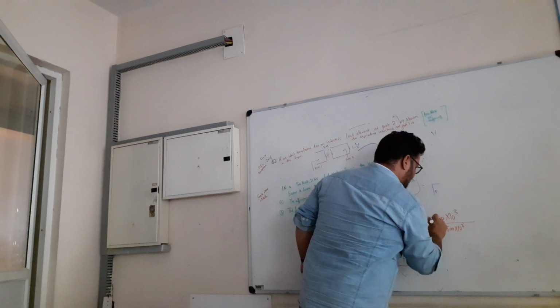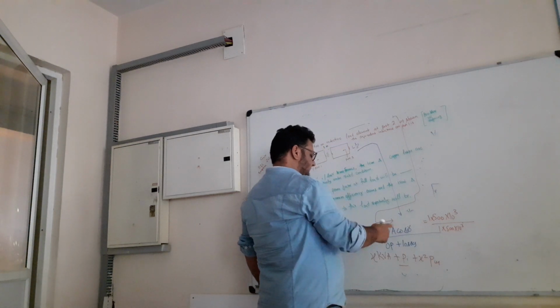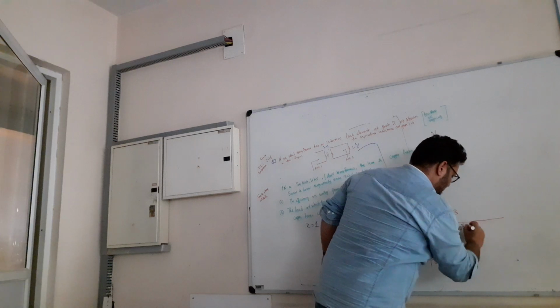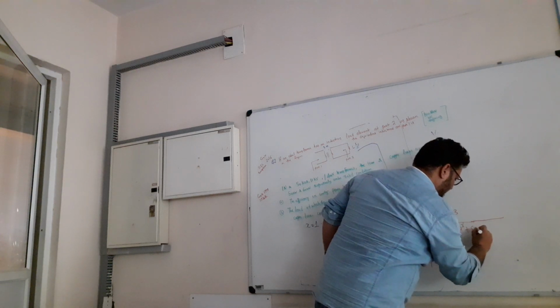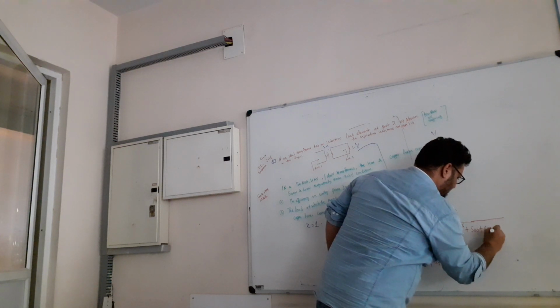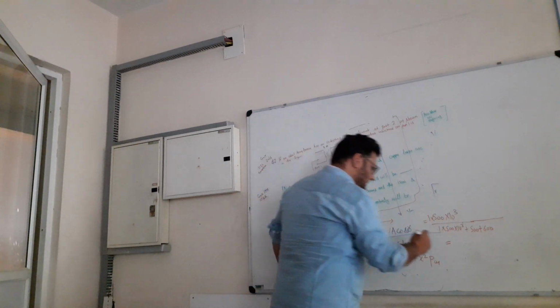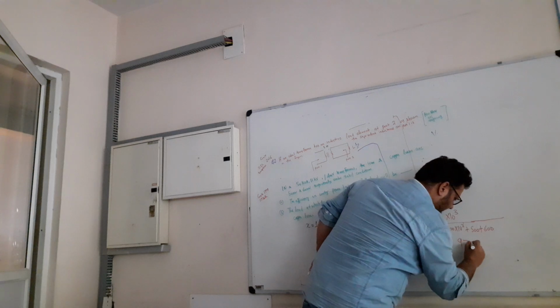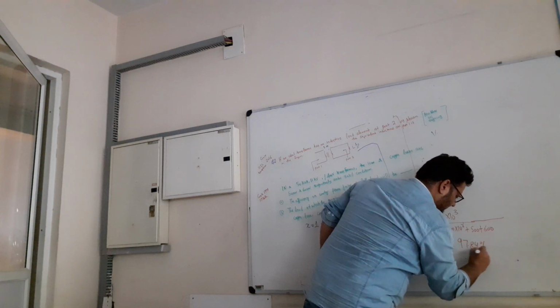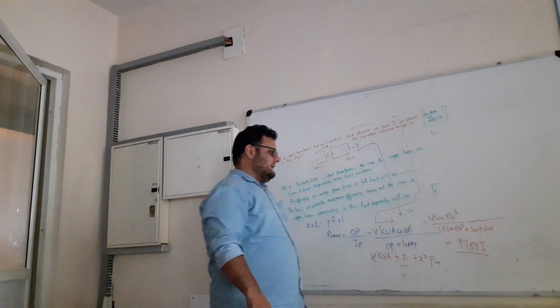Here also we can multiply 1, that fraction is there, and then your P_i value is 500 and this value is 600. So when we calculate this value, we are roughly getting around 97.84%. So this is our efficiency.